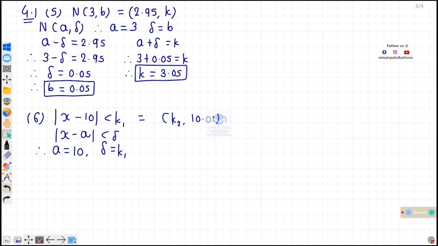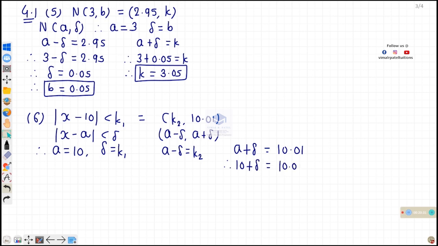Then this is A minus delta, this is A plus delta. A minus delta is equal to k2 and A plus delta is equal to 10.01. Now A is equal to 10, so delta is equal to 0.01 and delta is k1.